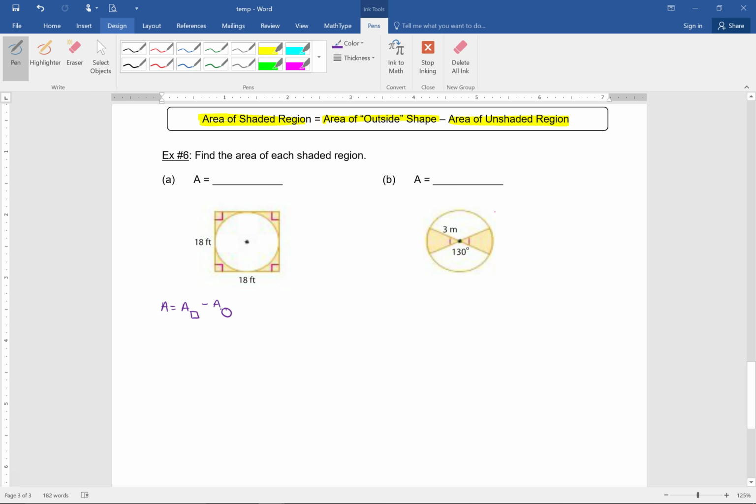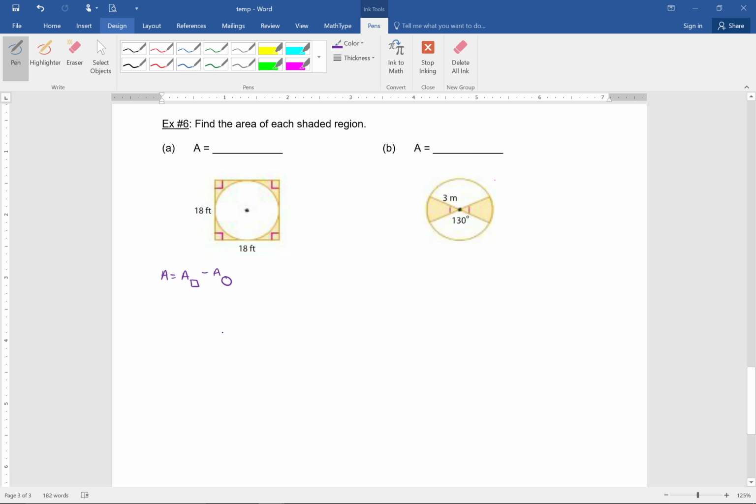Now, what's the area of the square? Well, if the whole side is 18 feet, base times height, so it's 18 feet squared minus, what's the area of the circle?